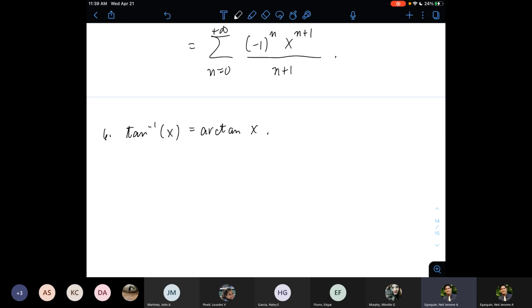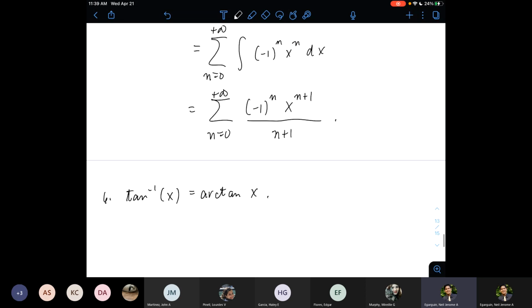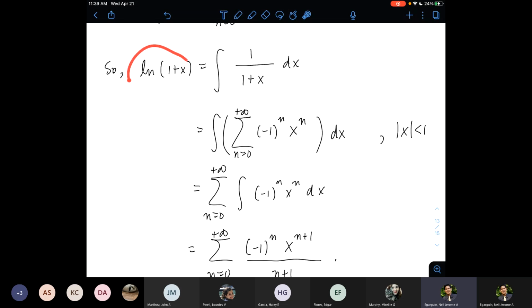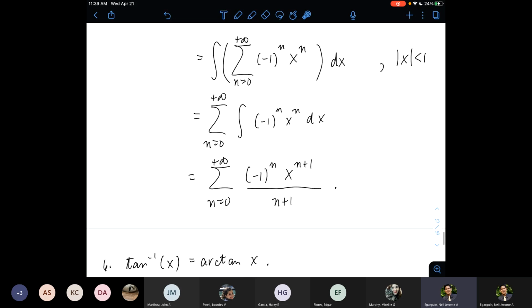But how do we implement it nowadays? We actually use series expansions. Because for instance, when evaluating ln of 1 plus x, normal calculators cannot do the computations of a transcendental function. So instead, the mechanism inside the calculator will do a series expansion up to some degree.